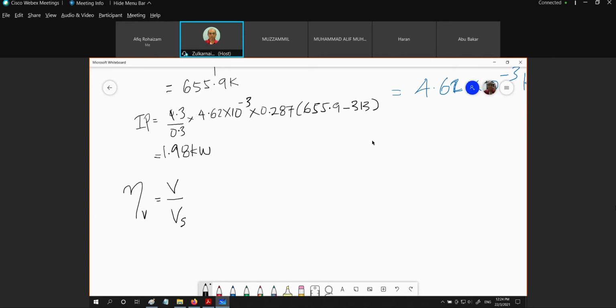Inilah kita ni FAD. Kita nak guna mana? Nak guna V ini ataupun nak gunakan satu lagi? Ada satu lagi, it's equal to VA minus VD over VS.